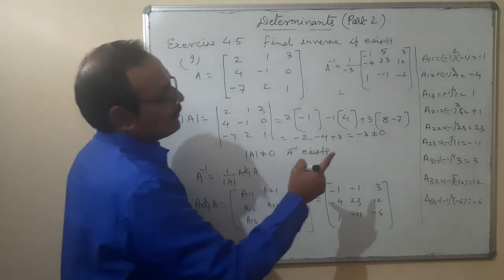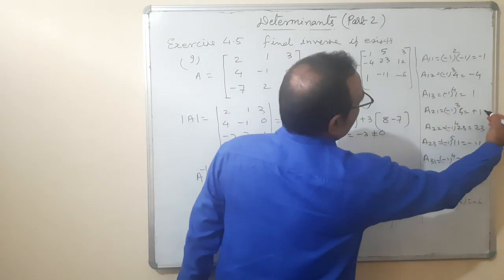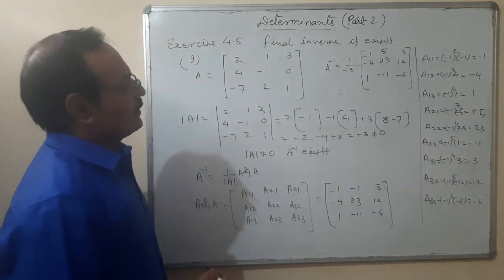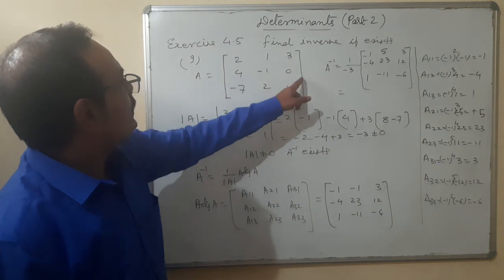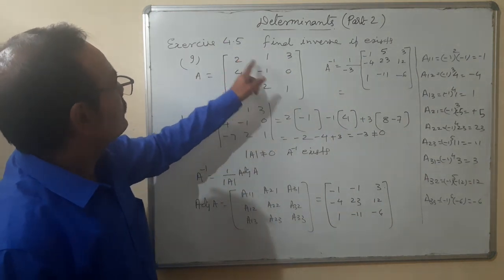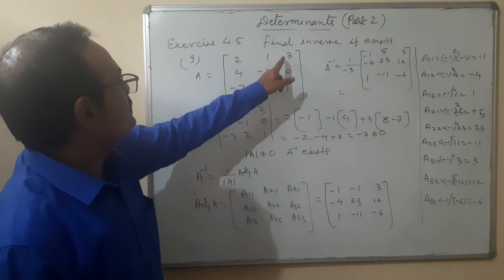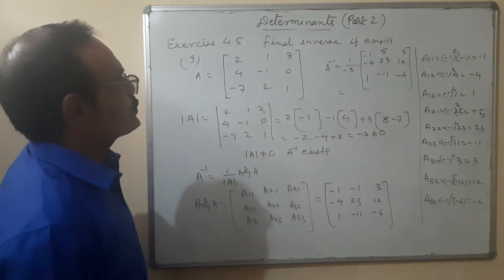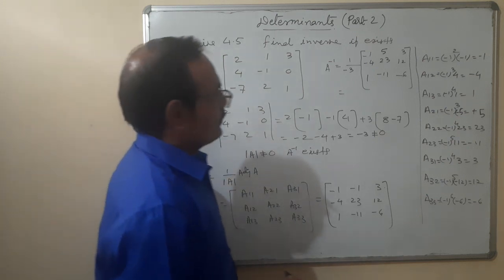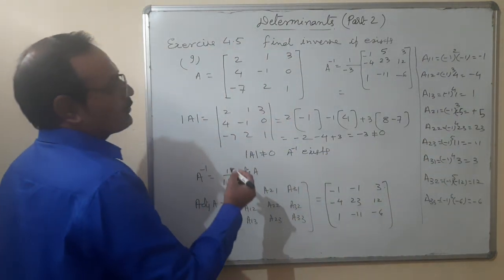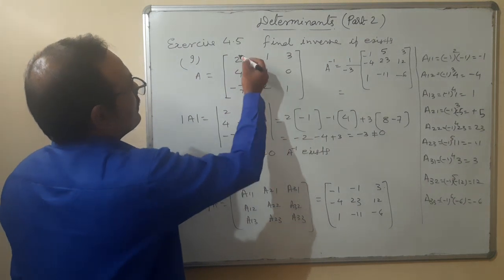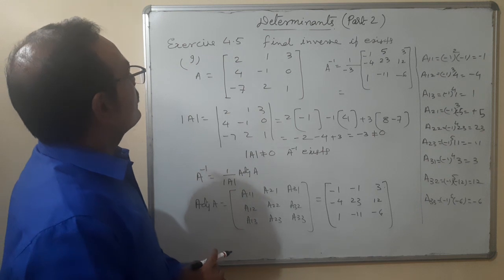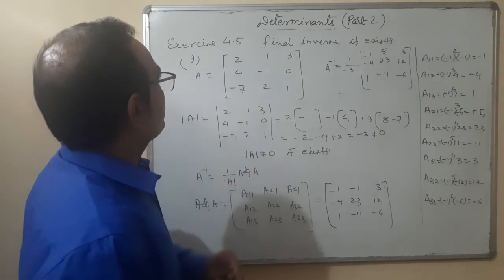Now second row second column, 2 plus 21 is 23.